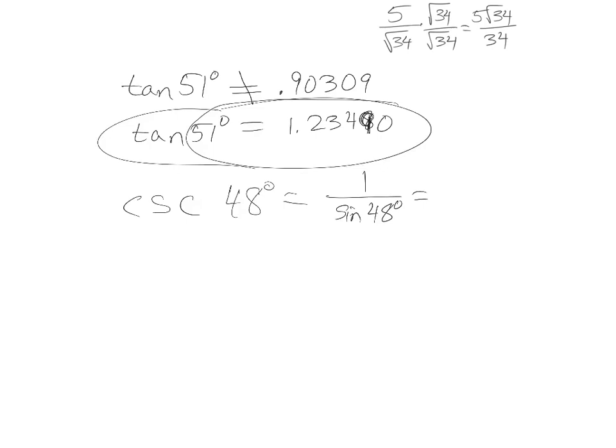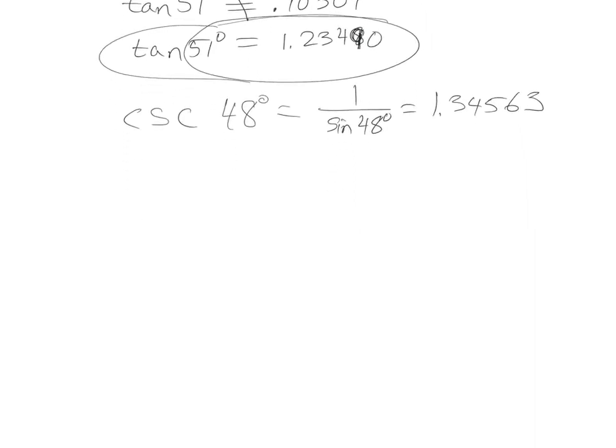Or just take the sine of 48 and hit the x to the minus 1 button. Okay? So that's just making sure you can use your calculator correctly. Everybody got it now? Excellent. Easy peasy.